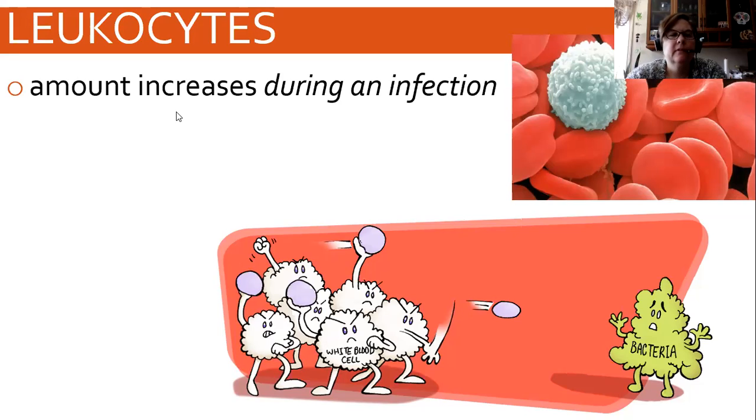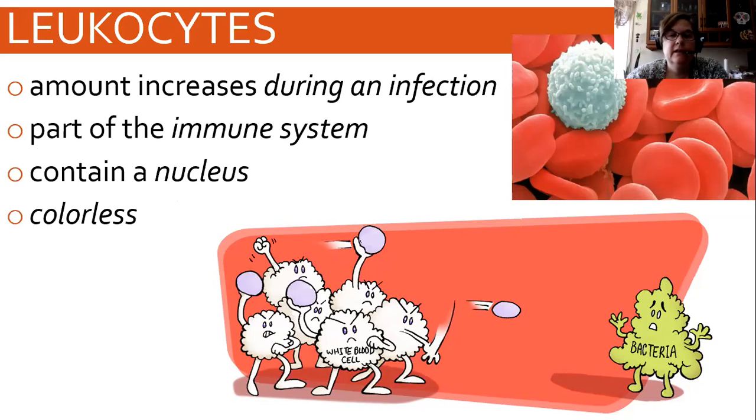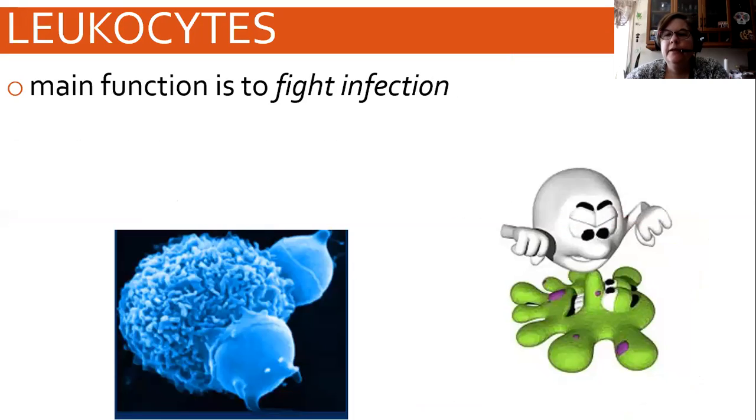Okay, all right. So our leukocytes are part of our immune system, right? They help us to fight. They do have a nucleus. They are, like the rest of our formed elements, created in our bone marrow. And they're colorless. So their main function is to fight infection. So when our white blood cells are working and we get sick, that's why we feel sick.